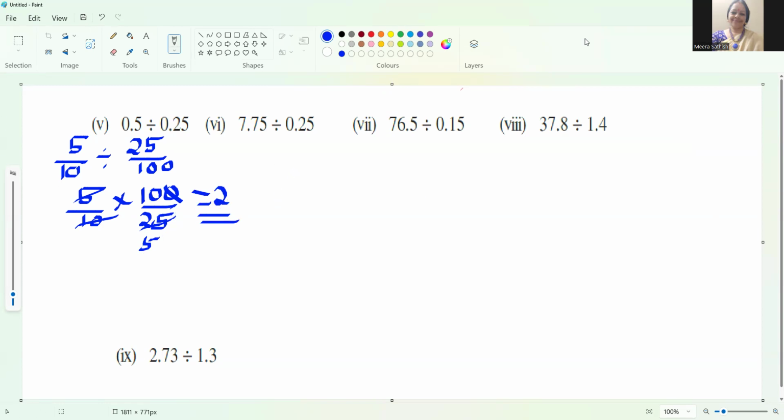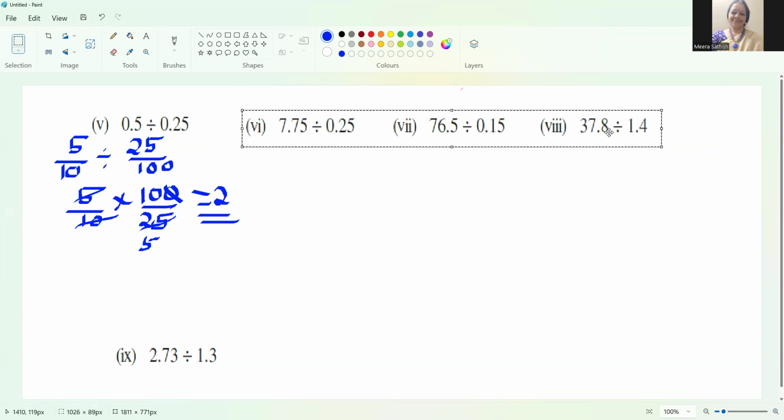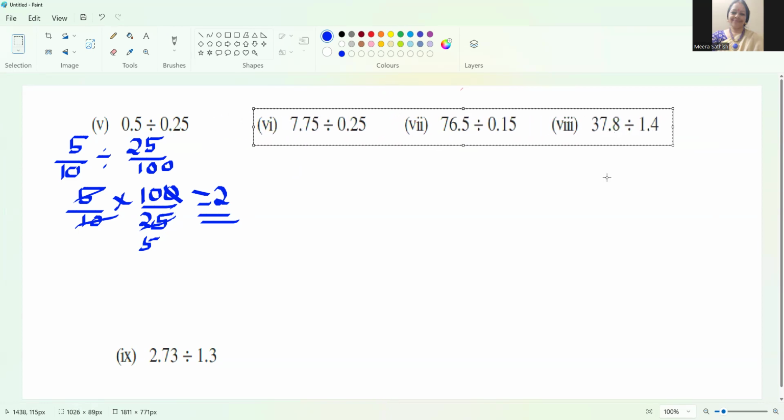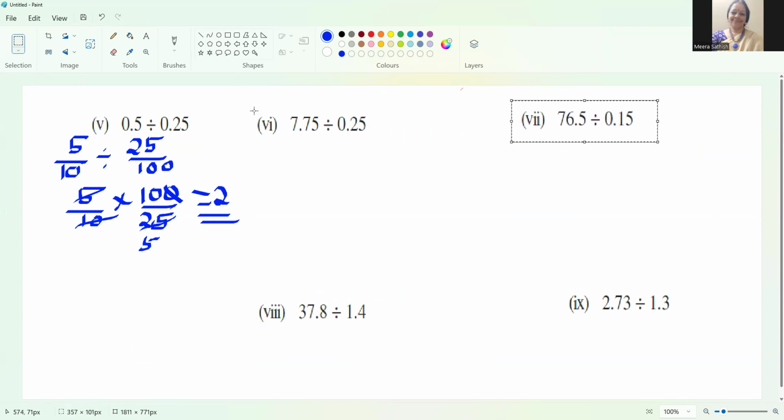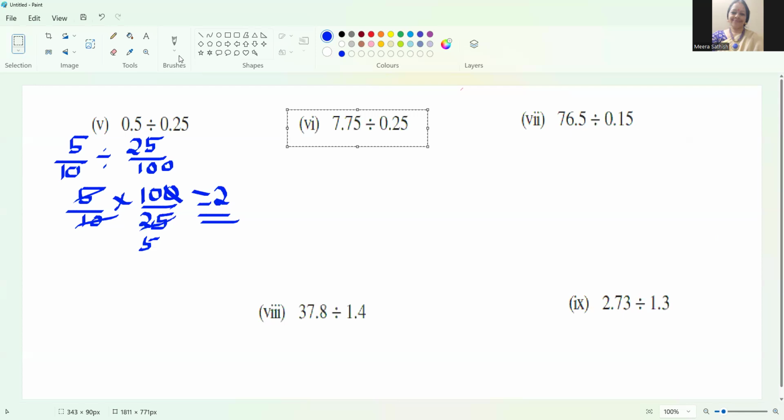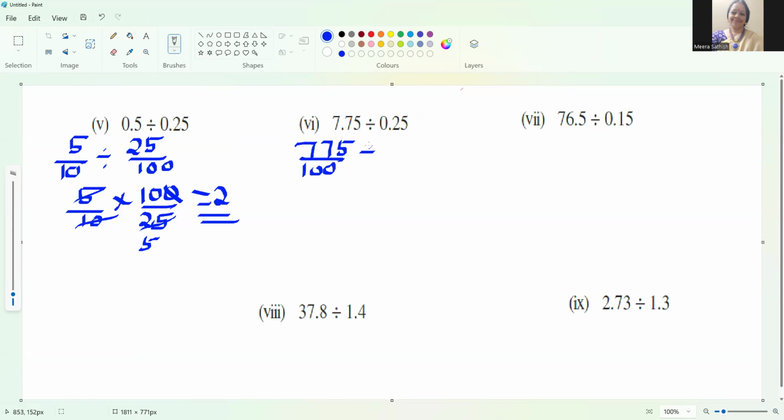Next, 7.75 divided by 0.25. So write it as 775 by 100 divided by 25 by 100, equal to 775 by 100 into 100 by 25.